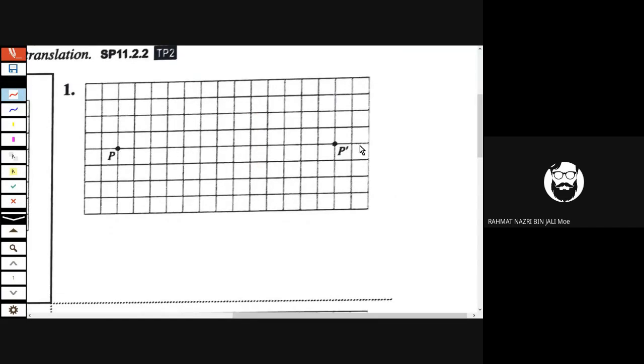This is object and P prime is the image. So to write down the translation, we may write in the matrix form. Let me count the boxes in between. Let me start from the point P here.